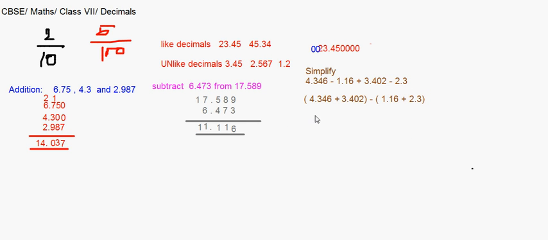Now you add these two. I'll just do a little rough work somewhere here. So our rough work would ask us to add like 4.346, and you don't have to add any zeros, they are like decimals.